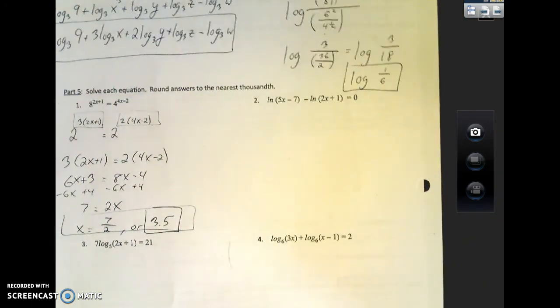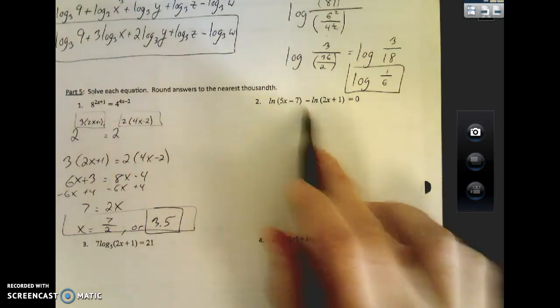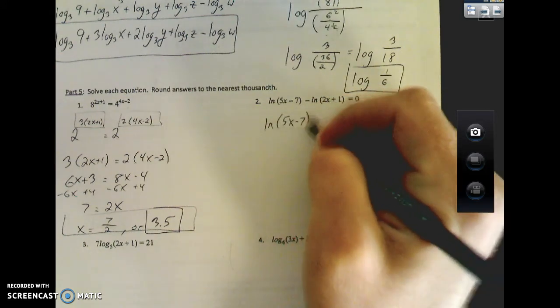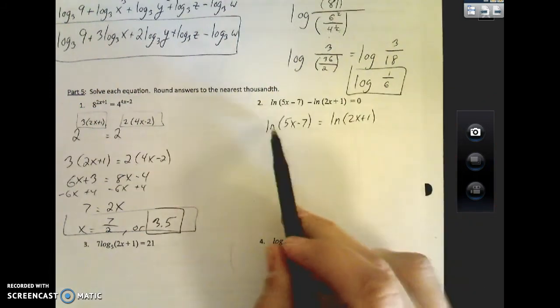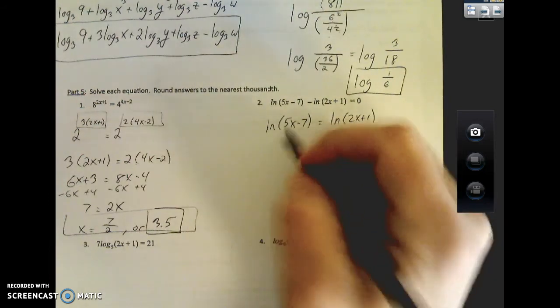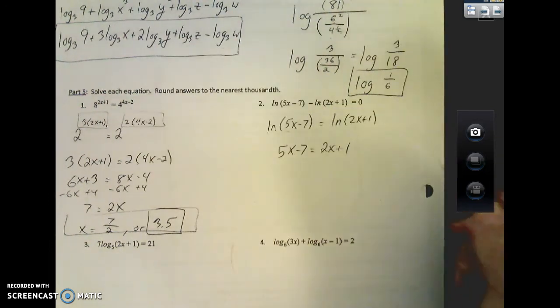Now, natural log of the quantity 5x minus 7 minus natural log of 2x plus 1 equals 0. Let's get this moved over. Natural log of 5x minus 7 equals natural log of 2x plus 1. I have a natural log equaling a natural log. I know that what's in the quantity here has to be equal. Solve.